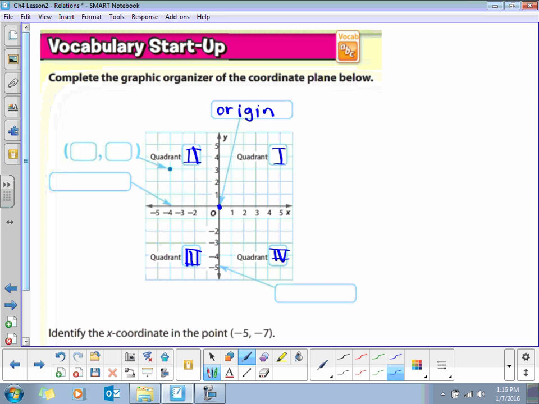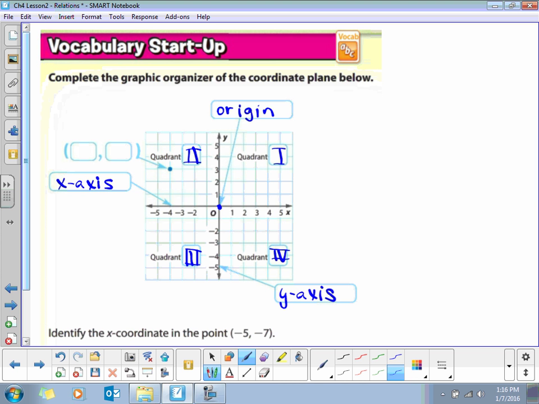This is the x-axis. So this one over here is the x-axis. And this one, this goes up and down. This one is the y-axis. Very good. That's the y-axis.